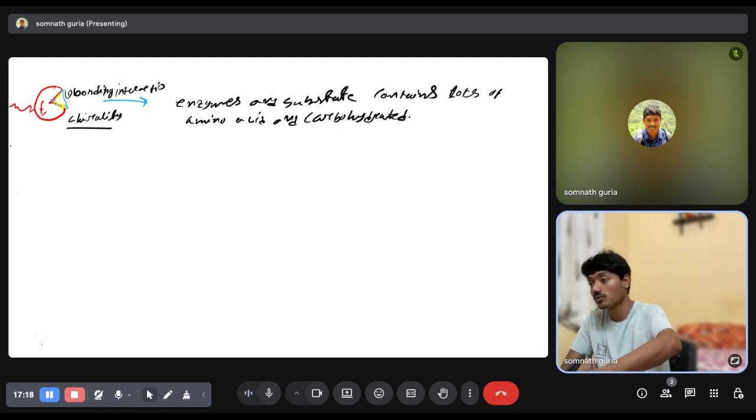Now, coming to the protein. Lots of amino acids are the building blocks of protein. So proteins are polymers of amino acids.